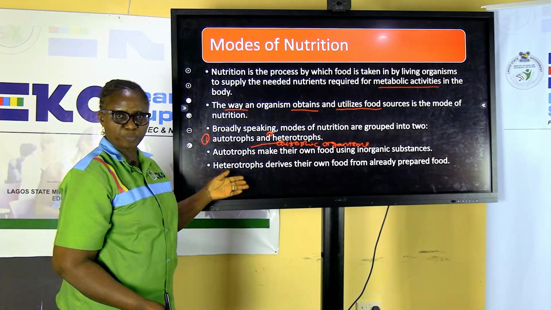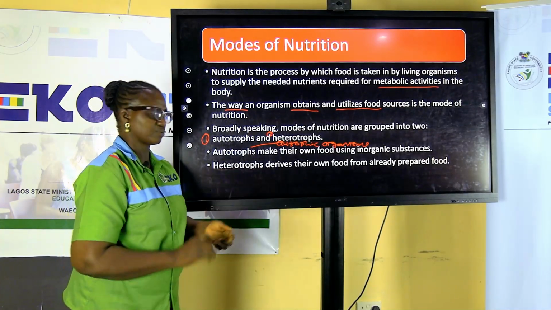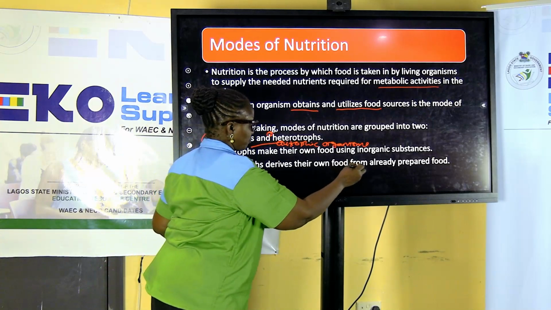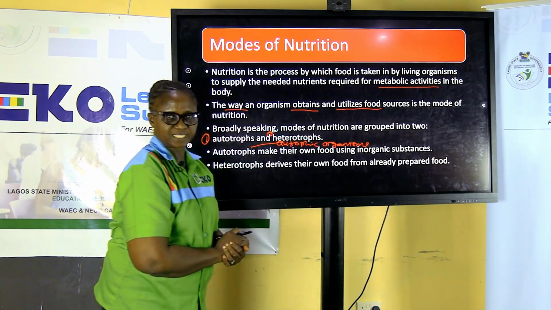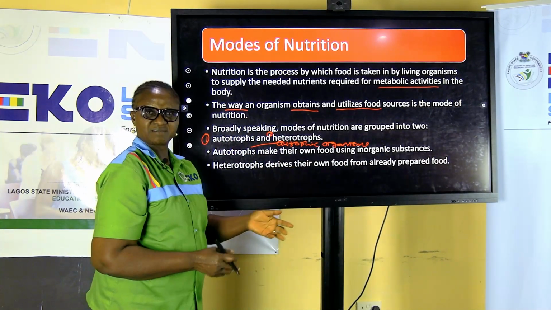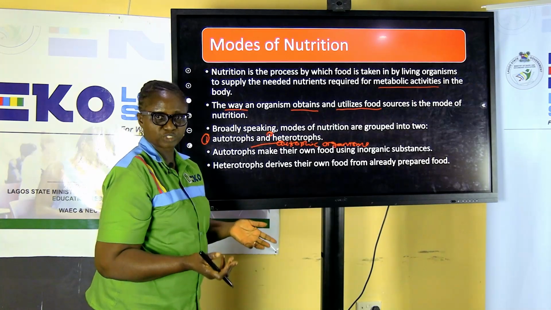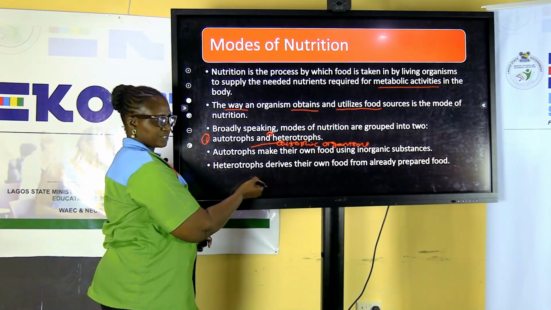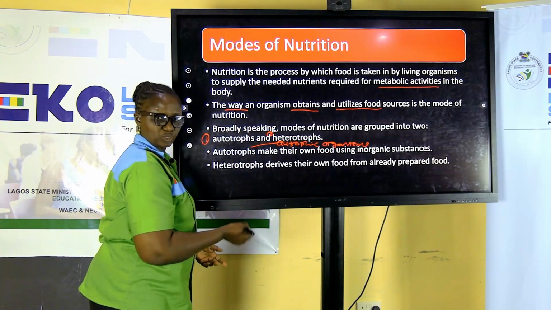Then the second group is what we call heterotrophs. These heterotrophs derive their food from already prepared, synthesized, manufactured food. So indirectly, the group we call heterotrophs depend on autotrophs.